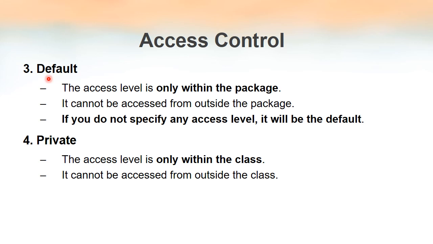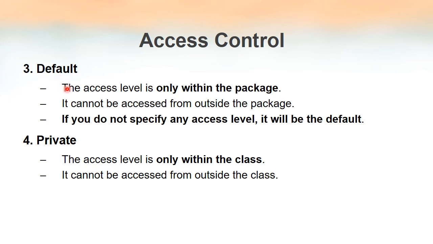If it is default, those data can be accessed only within the package to which the class belongs. By package we mean a folder to which the class belongs, like the folders in our computers. So if you are not using any access modifier keyword when we write a class, a variable, or a method, then its access modifier is considered default.